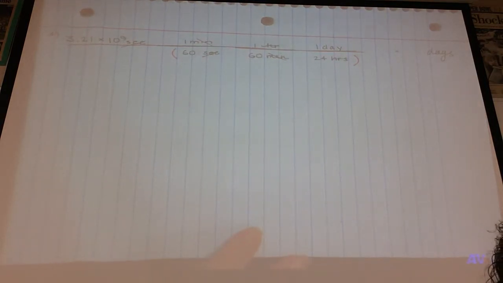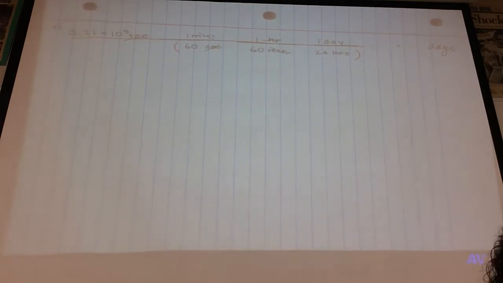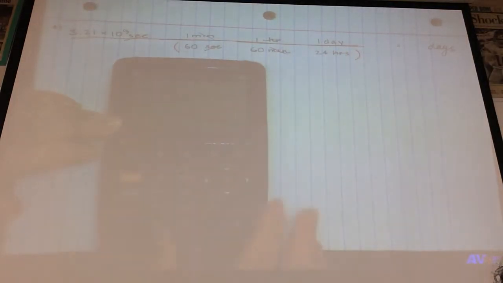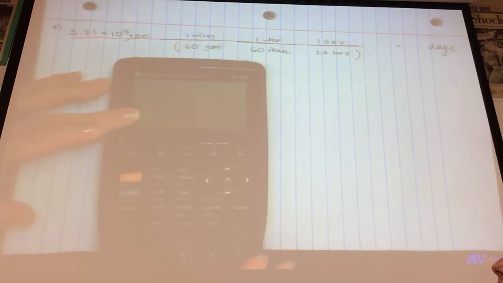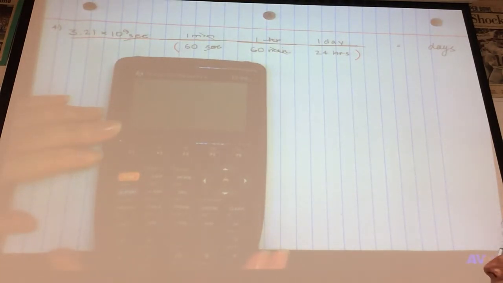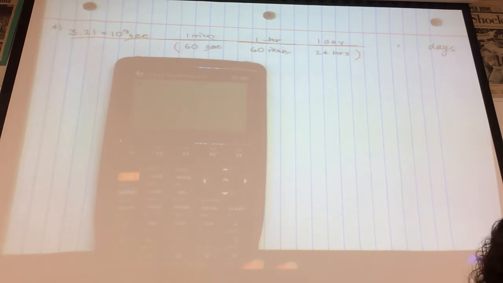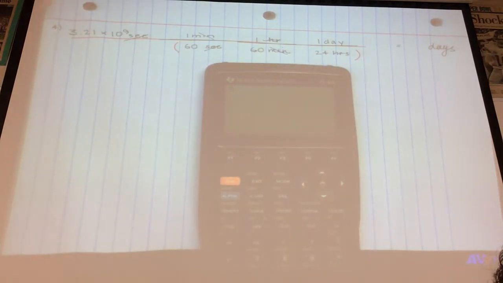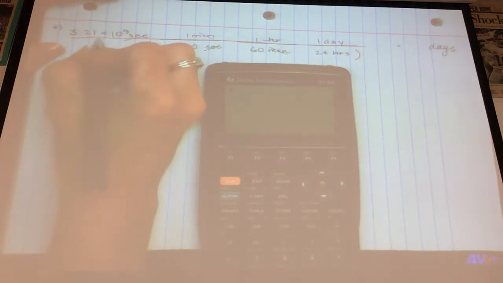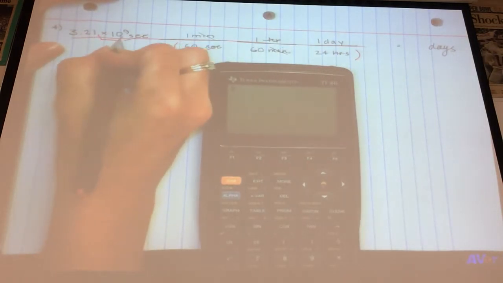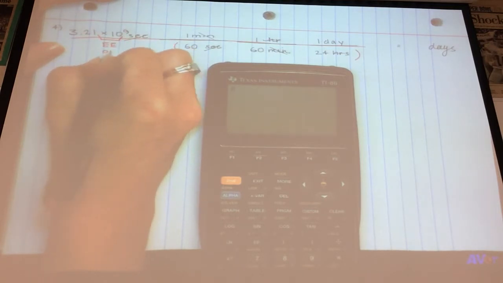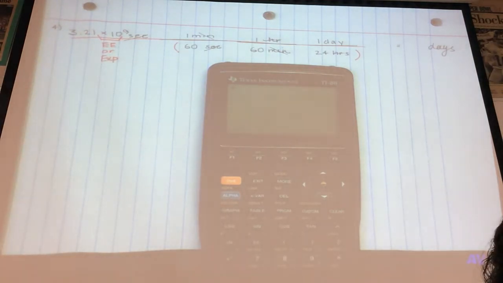And the only piece that may be tricky for you is entering this into your calculator. Can you see the screen here? Instead of typing in 3.21 times 10 to the 9, instead of the times 10 button, I want you to hit either the EE button or the EXP button. If you have a multi-view, it's a little bit different.